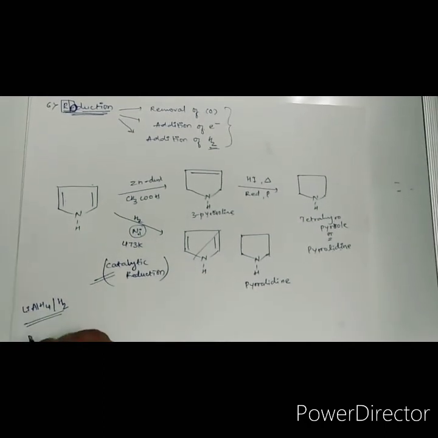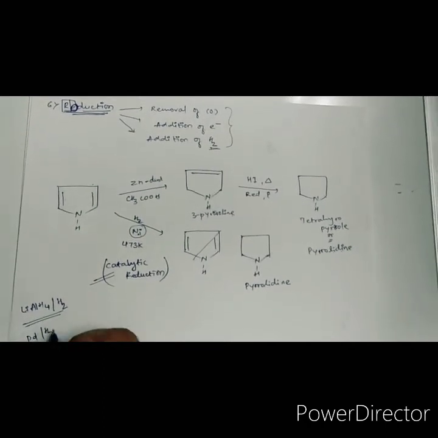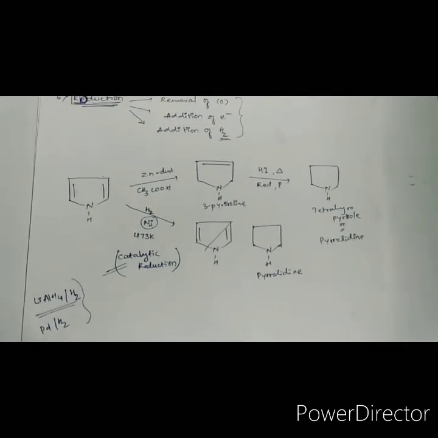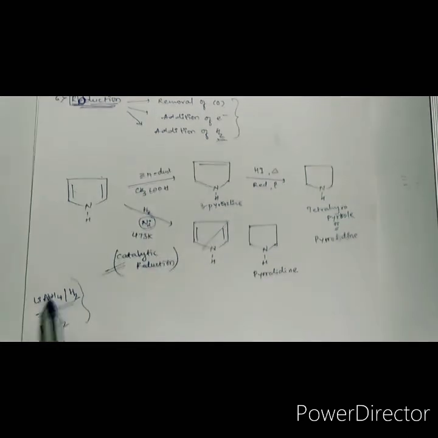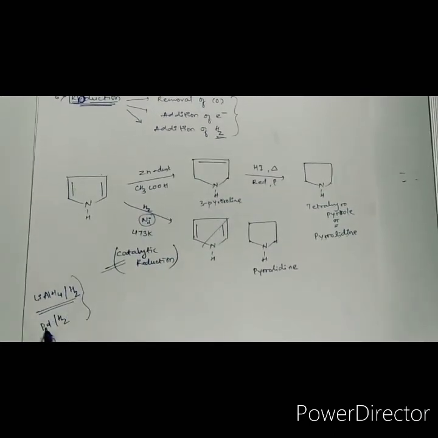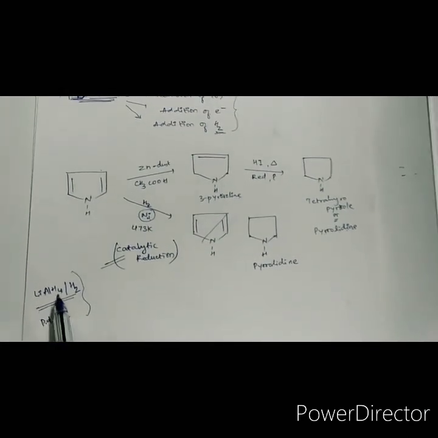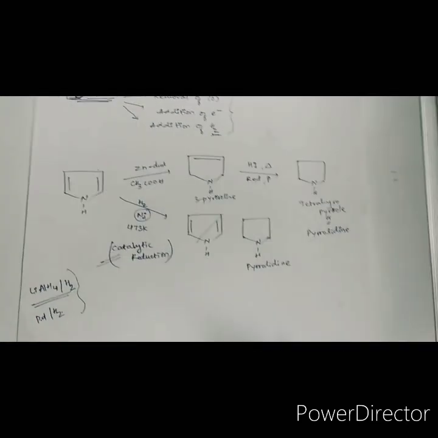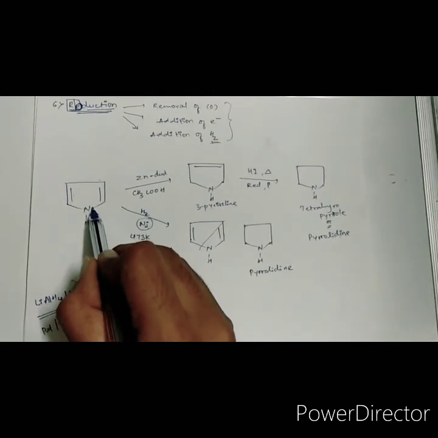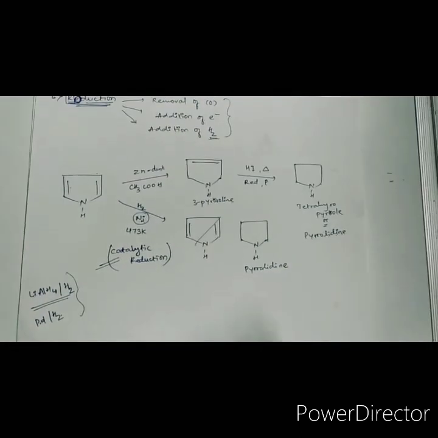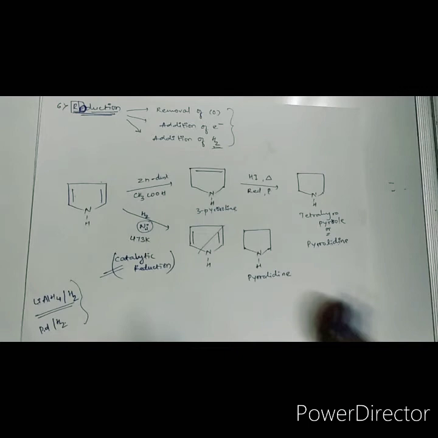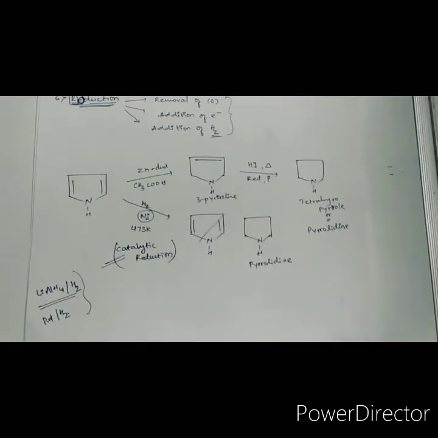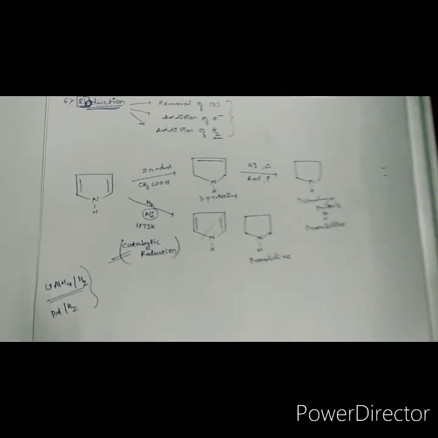Also palladium and hydrogen is another catalytic reductant used for reduction of unsaturated compounds. The substrate is adsorbed on the catalyst and hydrogen reacts with it, so that unsaturated bonds are converted into saturated bonds as hydrogen is added into the compound.